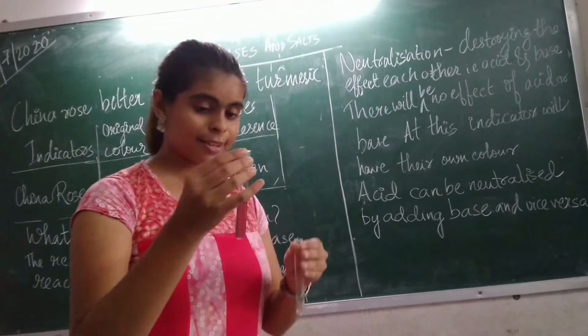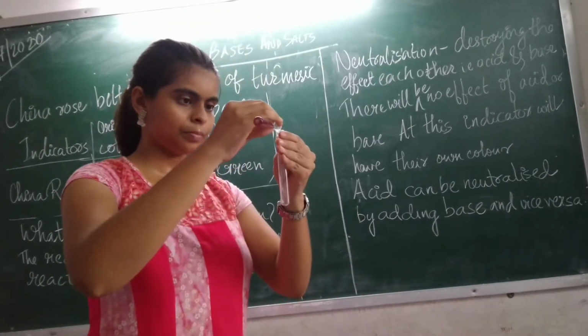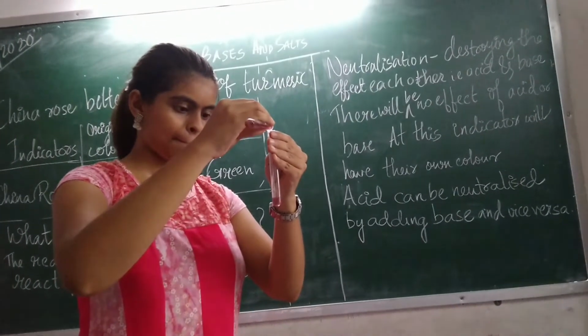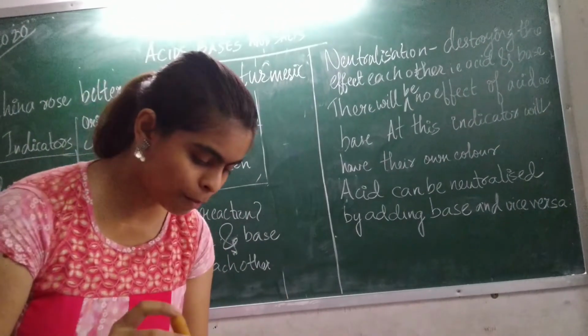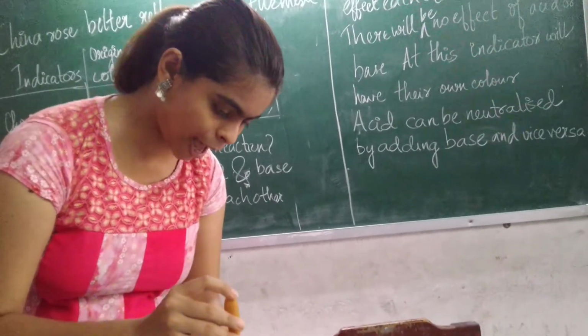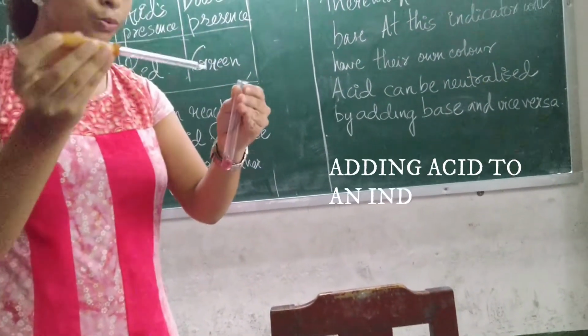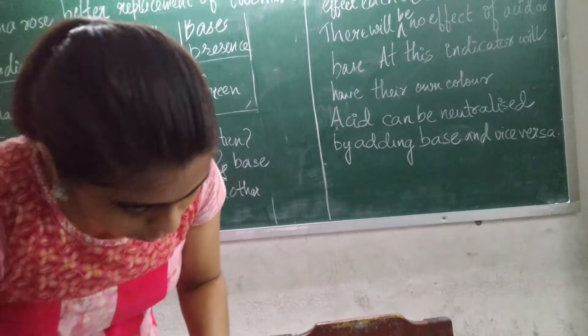See, this is an indicator I am taking. Okay, and now I am adding a small drop of acid into it. We know upon adding acid it will change to which color? See, it is changing its color to this.